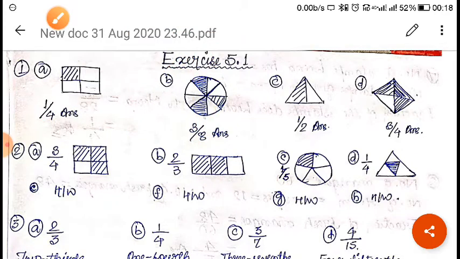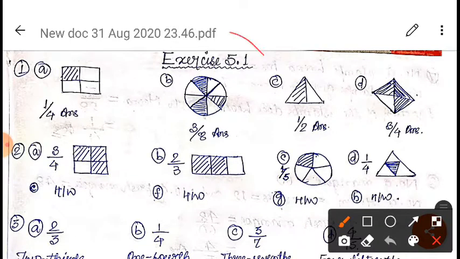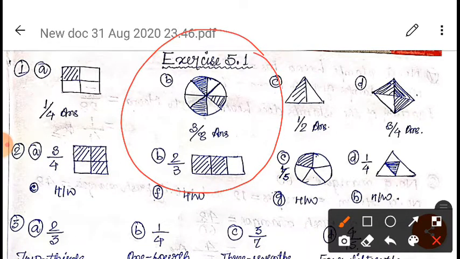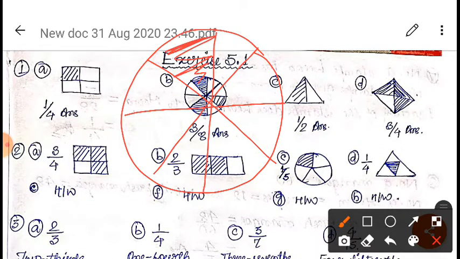Next, in question number b, they have made a circle, and this circle was divided into 8 equal parts. In these 8 equal parts they have shaded 3 parts. So how do you write the fraction?